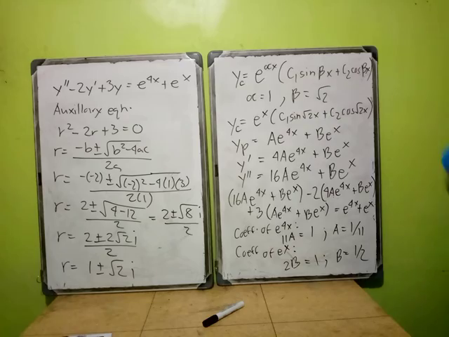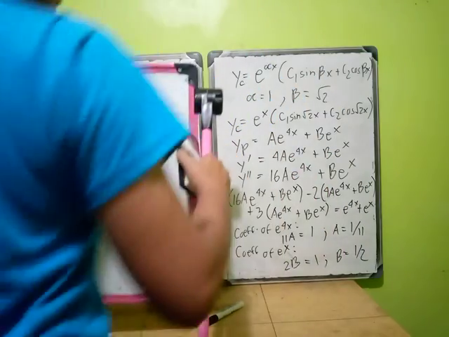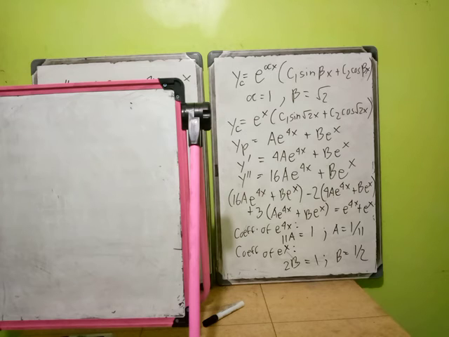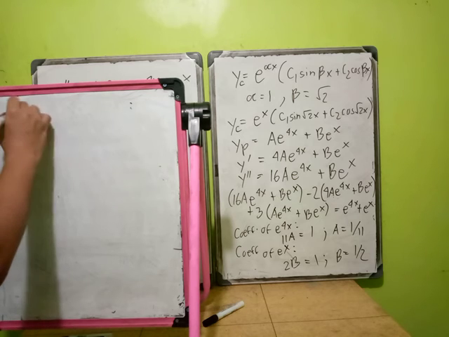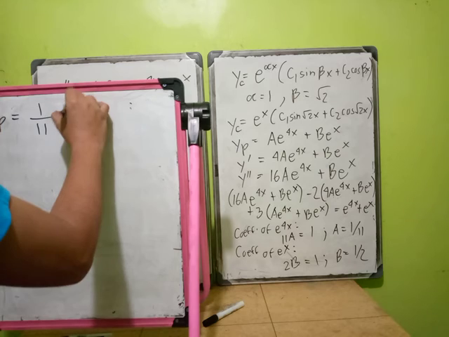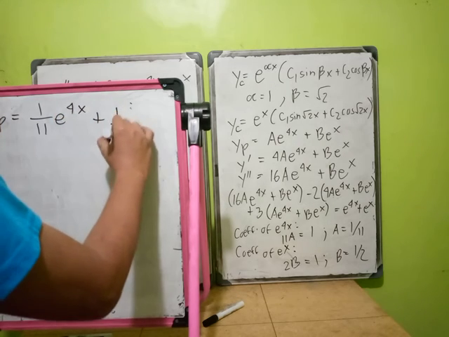So we now have the yp. Therefore, our particular solution is 1 over 11 e to the power of 4x plus 1/2 e to the power of x.